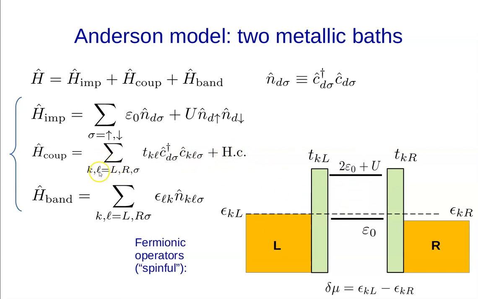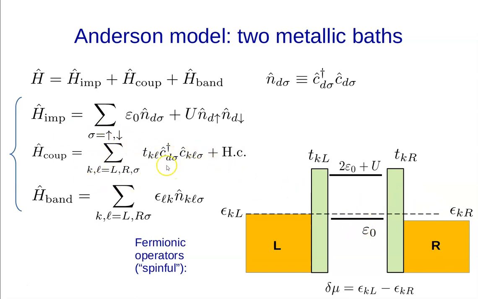The important thing here is that I have two leads, so I have this index L that is either left or right, and that takes into account that I have two processes, right? One that goes from left to the dot, and one goes from right to the dot, and the other way around. The one that goes from the dot to the left lead and the dot to the right lead. I'm calling them leads, but you can think of them as reservoirs. Leads are in a quantum dot language.